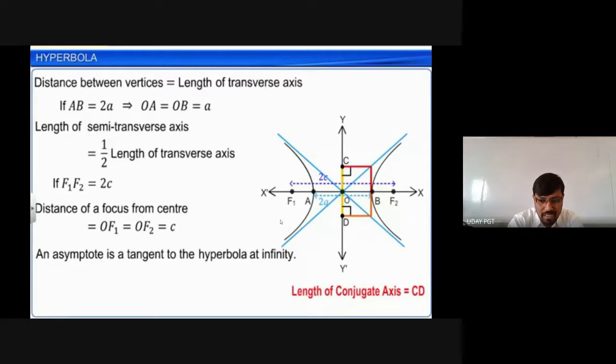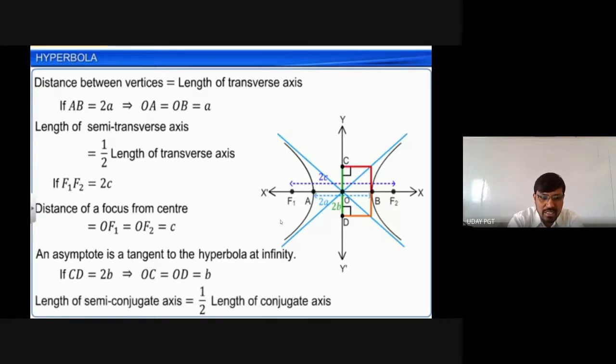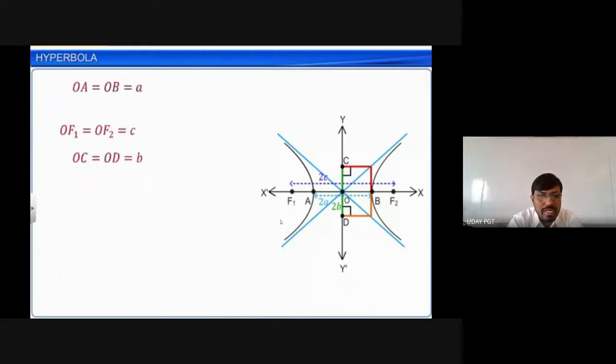It is O to F1 and O to F2, that distance. The length of the conjugate axis is CD, and CD is denoted by 2b. OC equals OD equals b, which is the semi-conjugate axis.